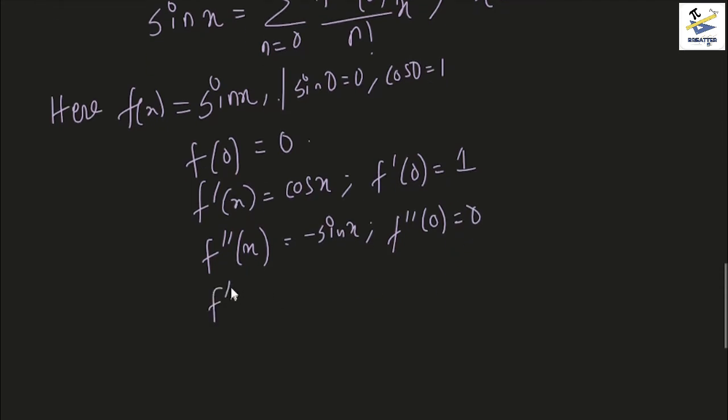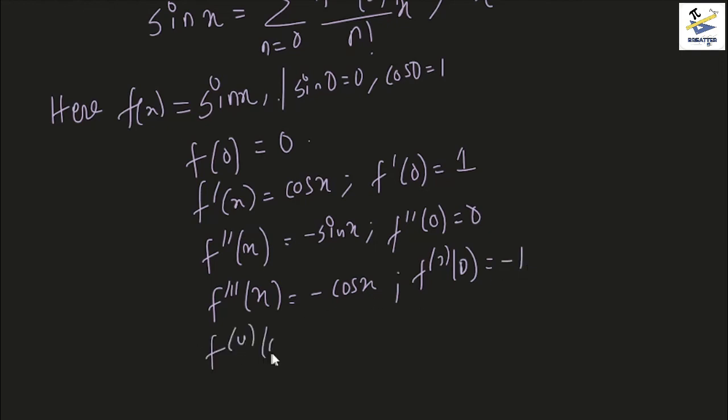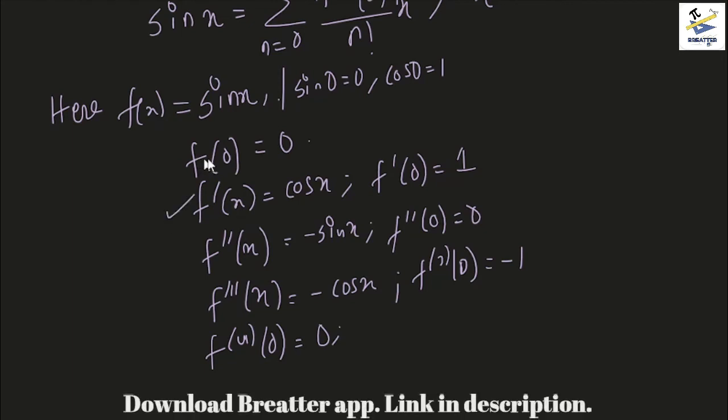Then f triple dash x would be minus cos x, and f triple dash 0 would be equal to minus 1, while f four dash x would be again sin x, f four dash 0 would be 0, and f5 would be same as f1.